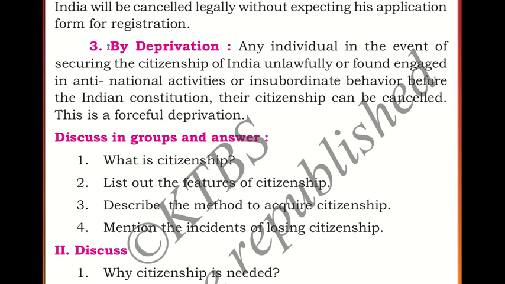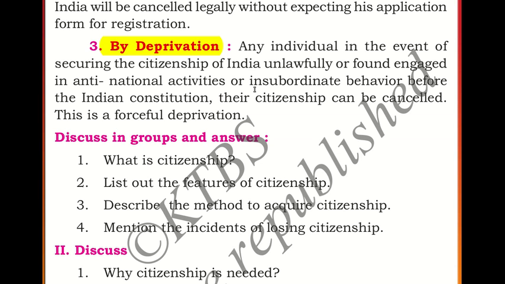Up next, we have the third method to lose the citizenship, that is by deprivation. Any individual, in the event of securing the citizenship of India unlawfully, or found engaged in anti-national activities or insubordinate behavior before the Indian Constitution, their citizenship can be cancelled.